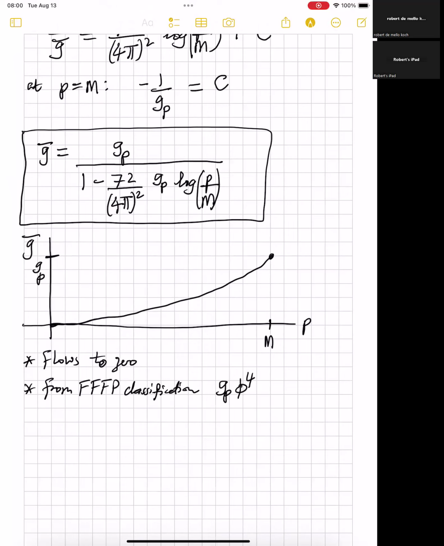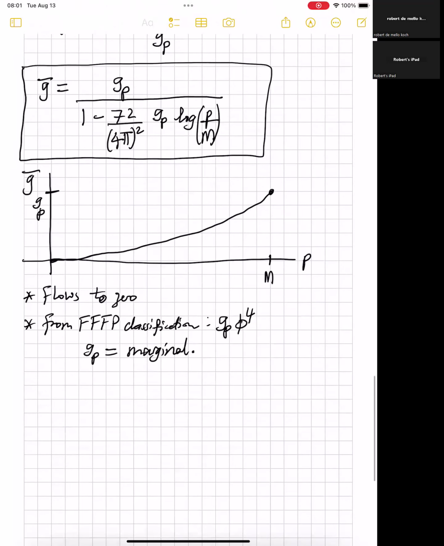And from this, we classified GP as marginal. Because GP is marginal, the third step of the renormalization group, when we scale the momenta, doesn't cause the coupling to change at all. In this case, quantum corrections can't be neglected. They must be taken into account.